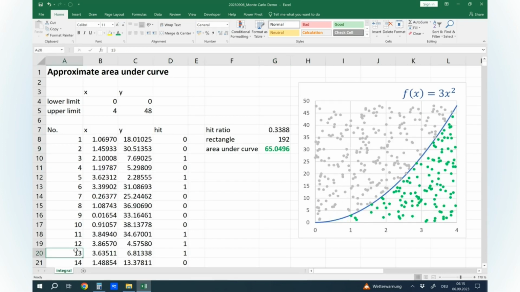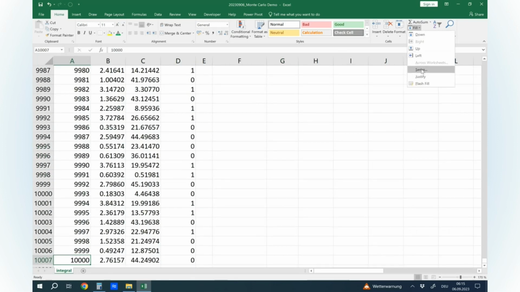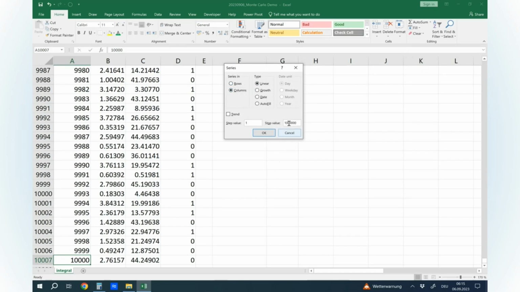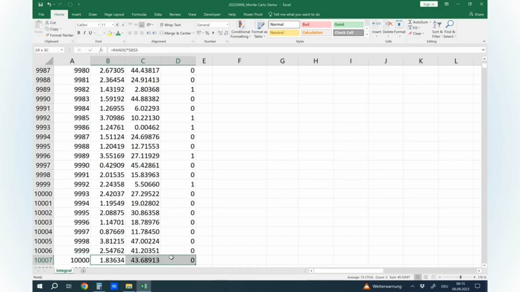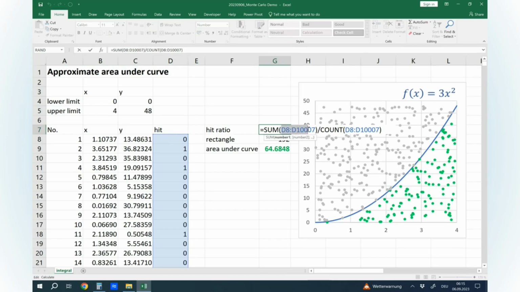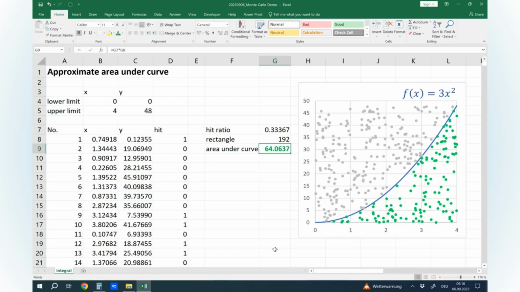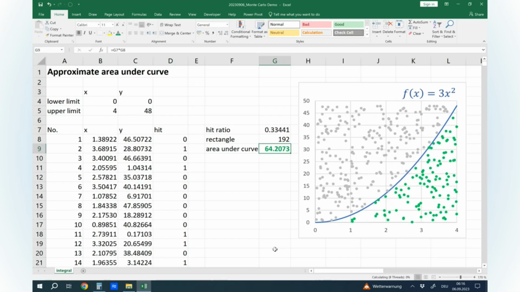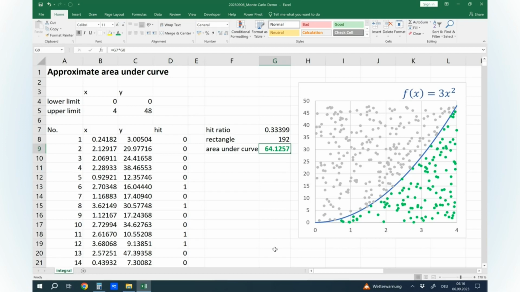So what about 1 million? That gives the computer some work to do, which is an argument to not go too crazy. But now we find the result to be reliably very, very close to the true number of 64.